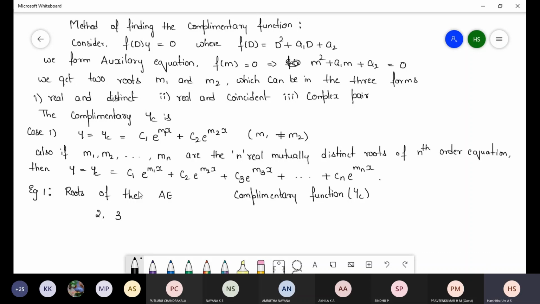If two roots are there, 2 is our m1 and 3 is our m2, or else you can also write 3 as m1 and 2 as m2, vice versa. So c1 e power, in the place of m1 I write 2 into x, plus c2 e power, in the place of m2 I write 3 into x. This is the first one. Next, 1, minus 1, 2, minus 2.